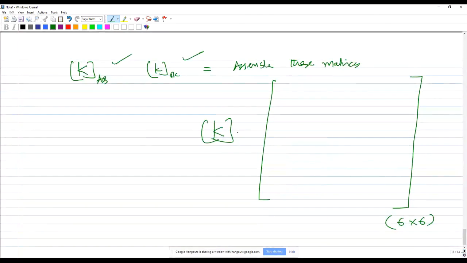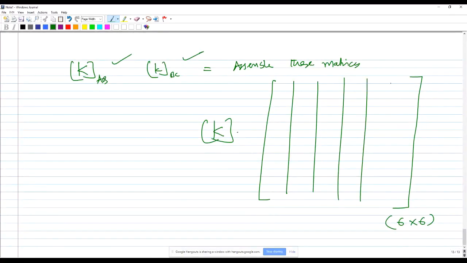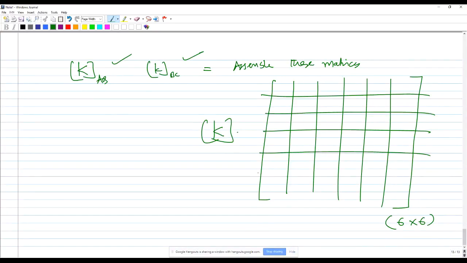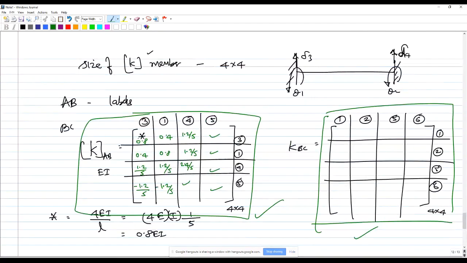So what I am going to do here is overlap these two and condense them into a 6 by 6 matrix. So the labels for this will be 1, 2, 3, 4, 5, and 6.